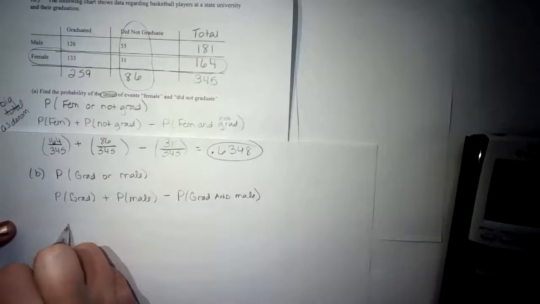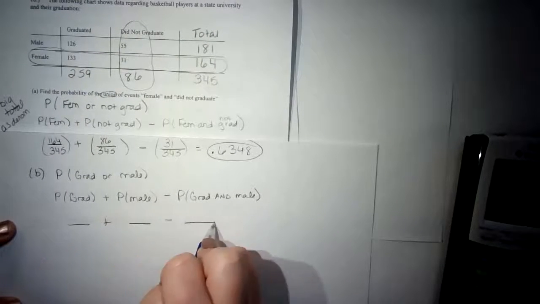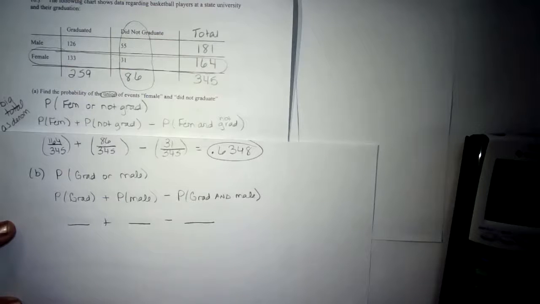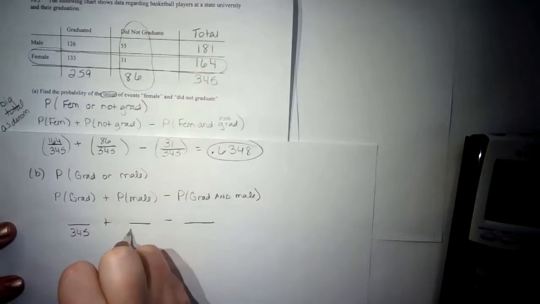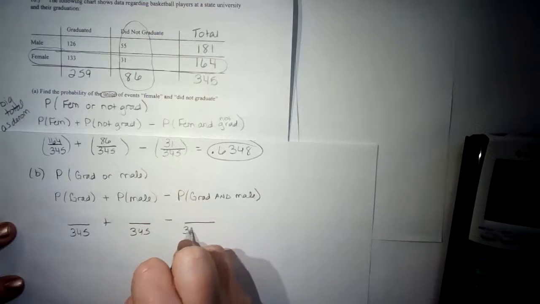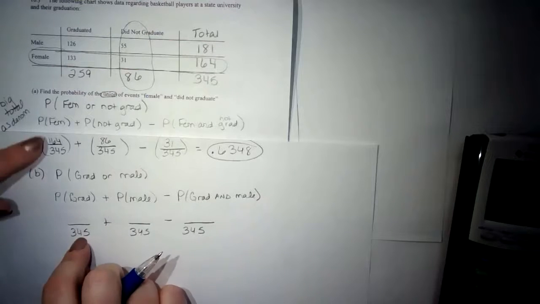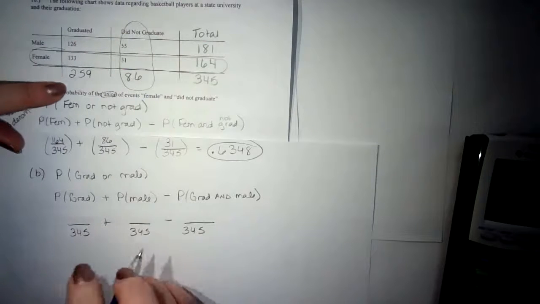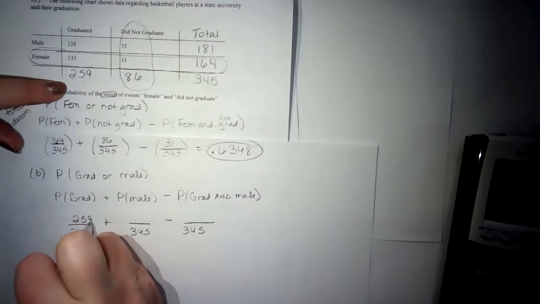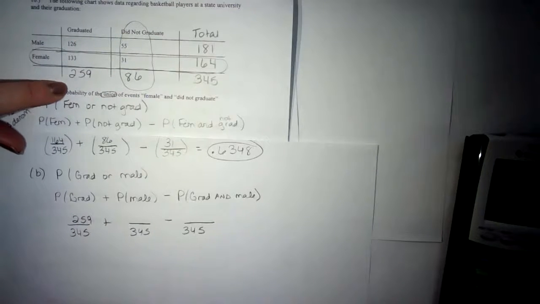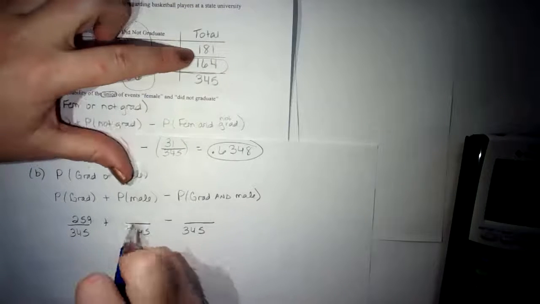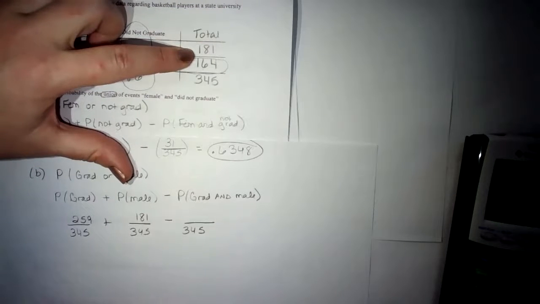Okay, so we are going to have 3 fractions. What's the denominator going to be for every single one? 345. 345 for every single one. Okay. Now we're going to look at the total graduates, 259. We're going to add that to the total males, 181.